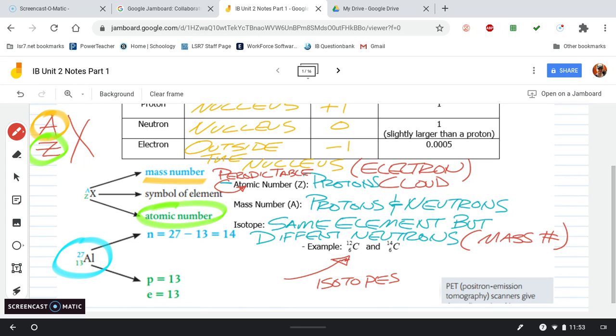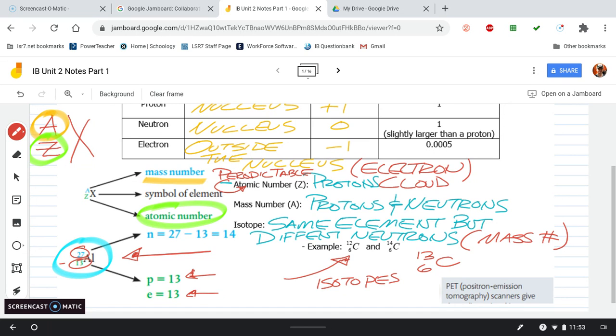If I wanted to make a different one, I could make a carbon-13. So that's another isotope, a third isotope. So three different versions of carbon. And over here you have an example with aluminum. We've got the mass number at 27, 13 off the periodic table. And so we'd have 13 protons, 13 electrons because there's no charge. And then the neutrons would be the top minus the bottom, so 27 minus 13.